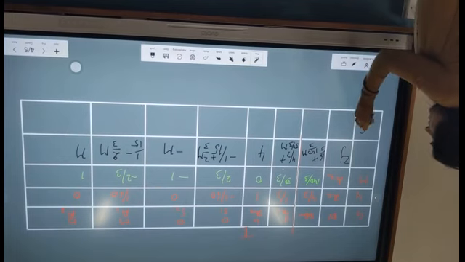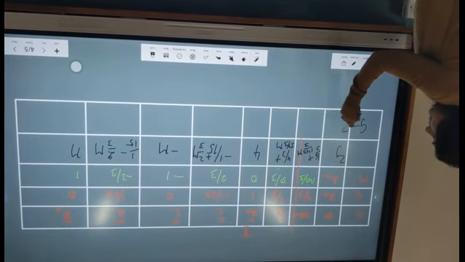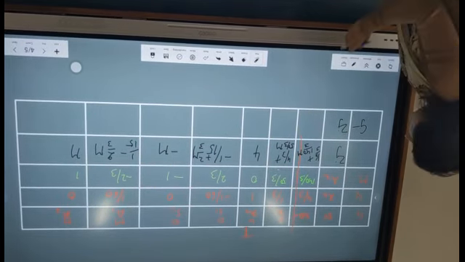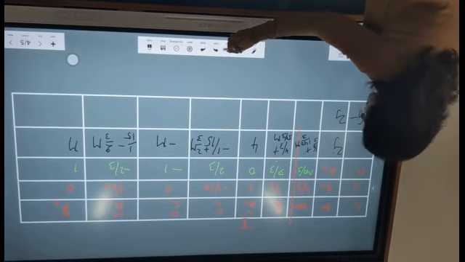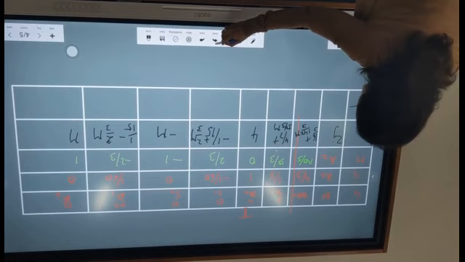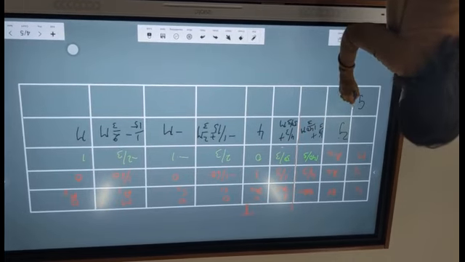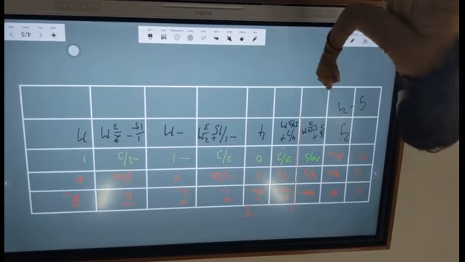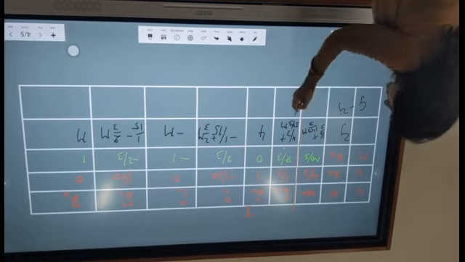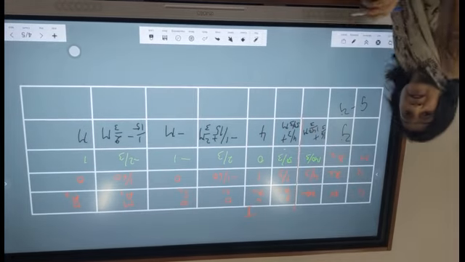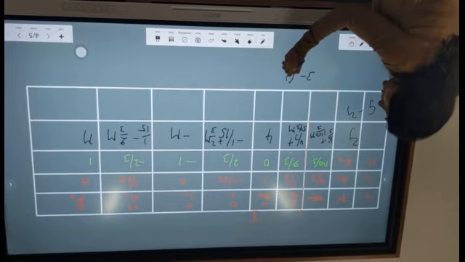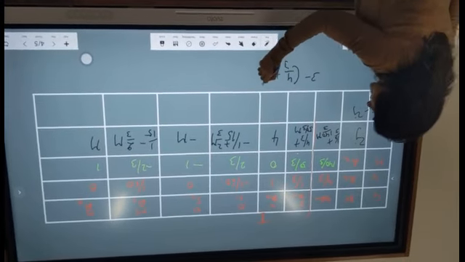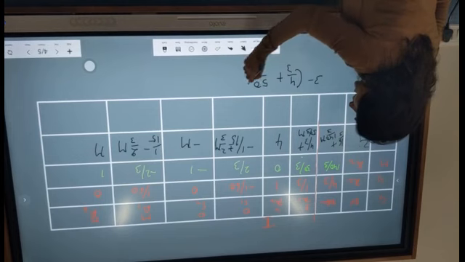I find my Cj minus Zj. What is my Cj minus Zj coming to be? 3 minus 4 by 3 plus 50 by 3 m.